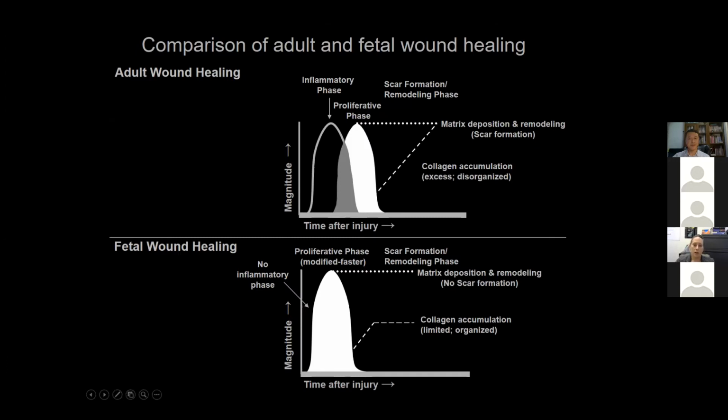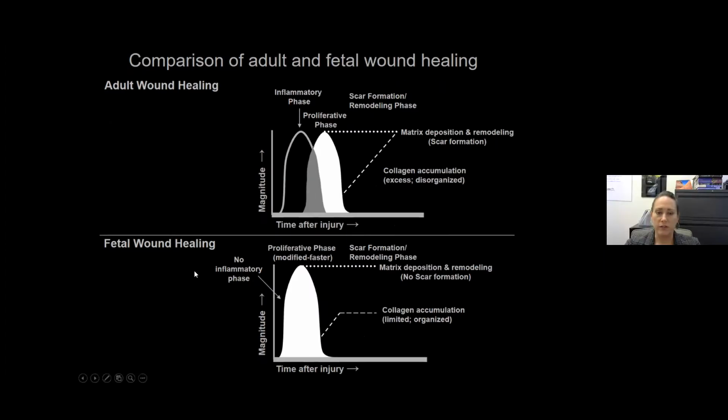Our lab uses a mouse model to study this process. And so in a mouse, this type of regenerative scarless healing occurs from about 0 to 15 days of gestation. Then around embryonic day 16 or E16 in a mouse embryo, there's a transition period where the skin starts to heal more like mature skin would.